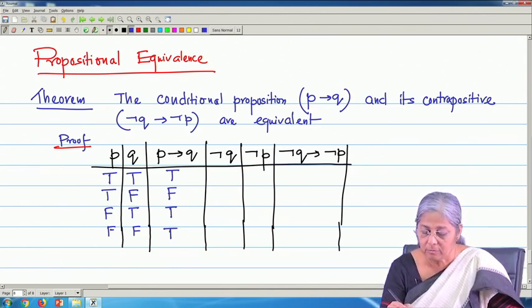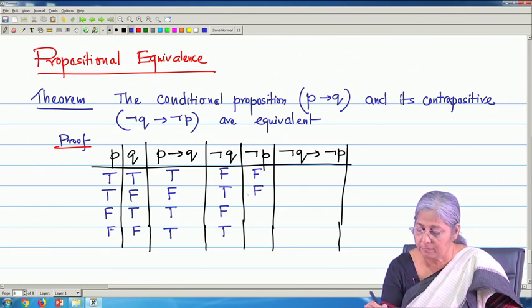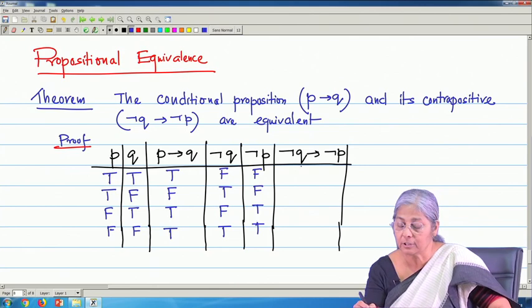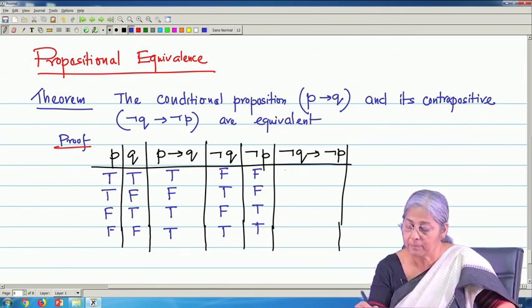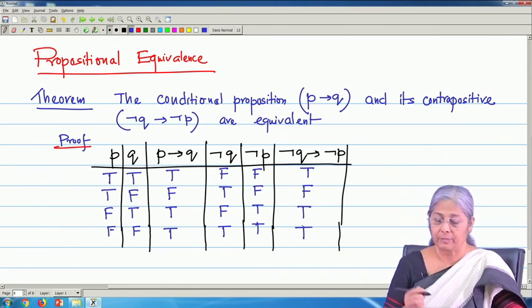Now, negation Q becomes F, T, F and T. Negation P is F, F, T, T. So, what is negation Q implies negation P? F implies F, true. T implies F, again this is F. F implies T, this is true. T implies T, this is true.